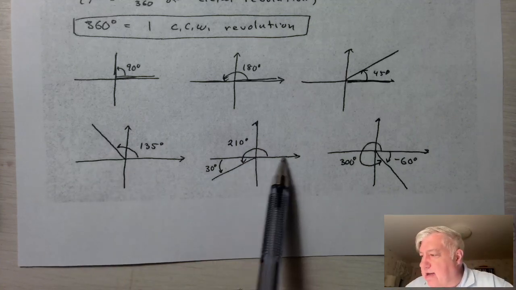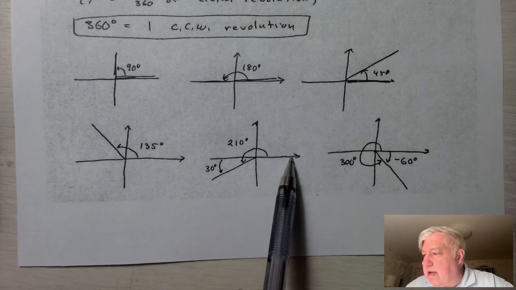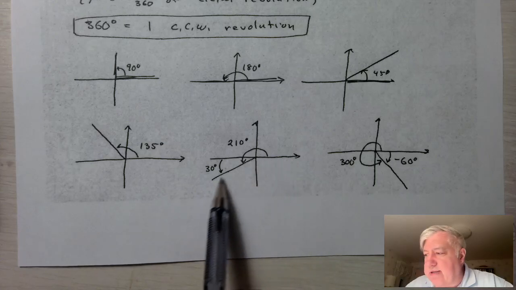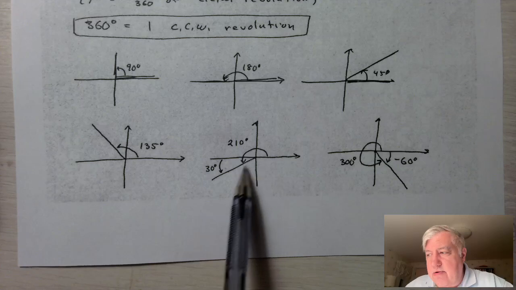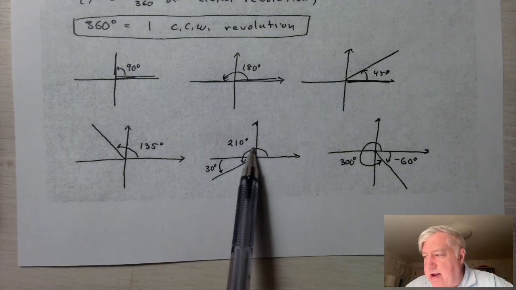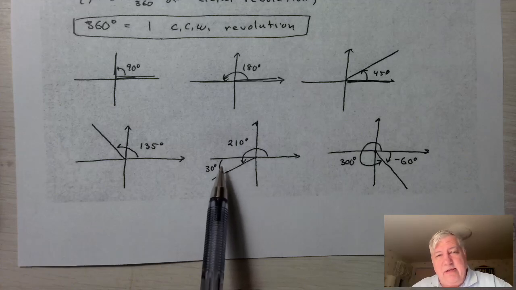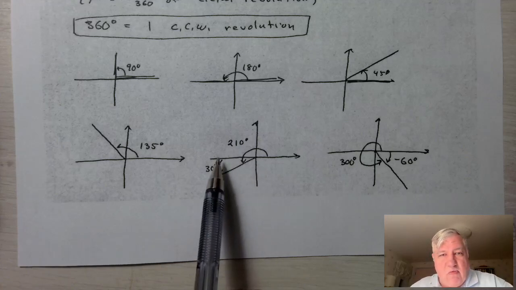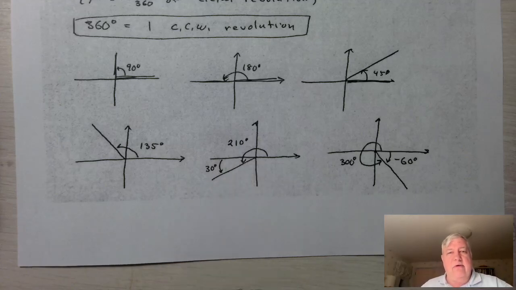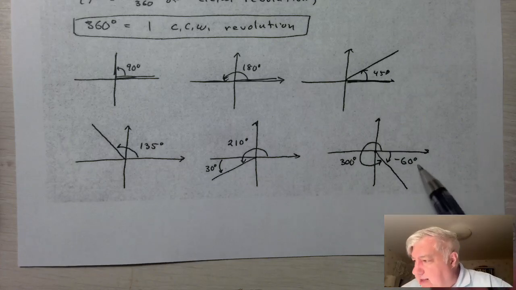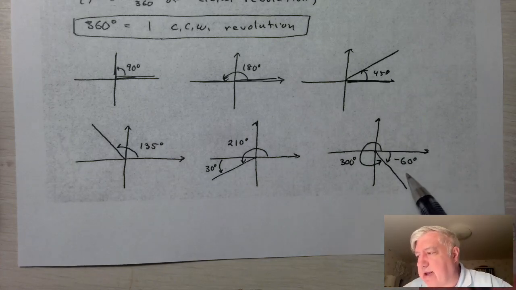210 takes the positive x-axis and rotates it into the third quadrant. It's basically from here to here is 180, and then from here to here is 30. And 30 is 1/3 of 90, so this is about 1/3 of the way into the third quadrant. Then negative 60 is the same thing as positive 60, but rotating it in the opposite direction, clockwise.